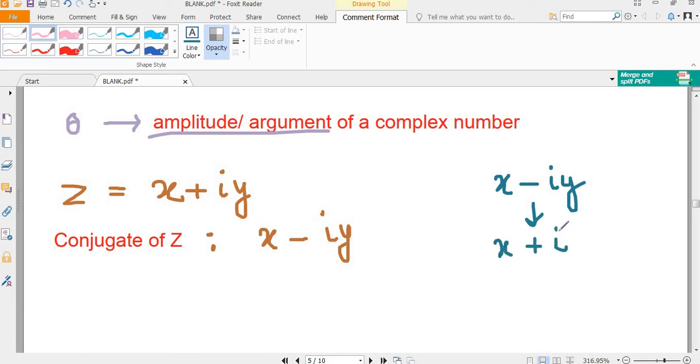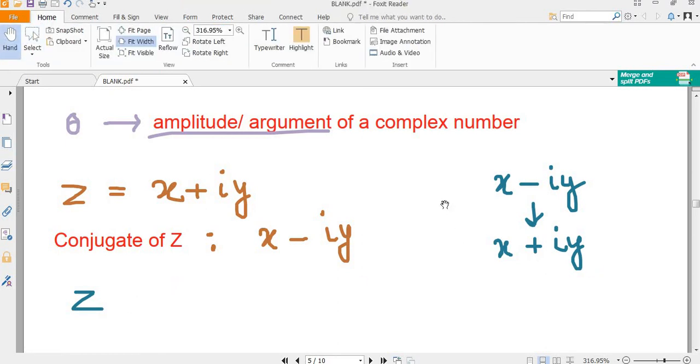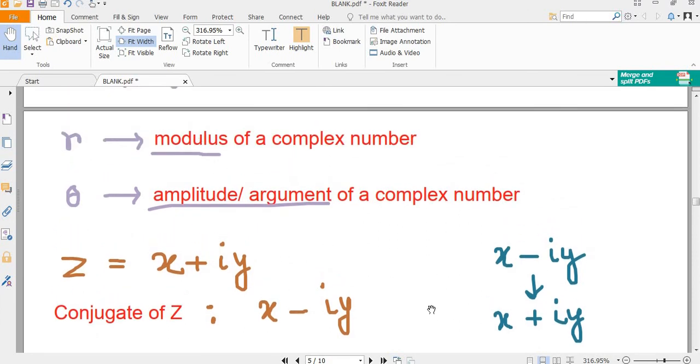The conjugate of this complex number will be x plus iy. So you can deduce from these two little problems that the conjugate of the conjugate of a complex number is the complex number itself. So this is the basic definition of conjugate, modulus and amplitude.